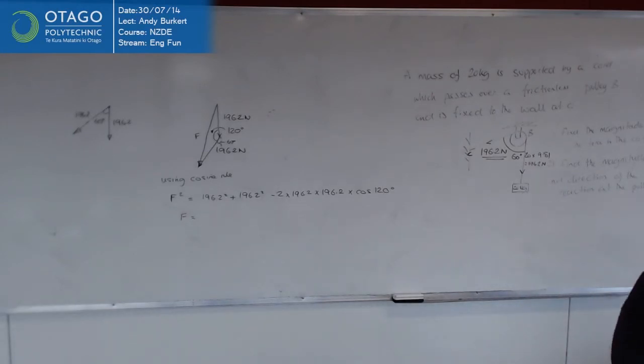Okay. So 196.2 squared plus 196.2 squared again, minus 2 times 196.2 times 196.2 times cosine 120, and then square root that.